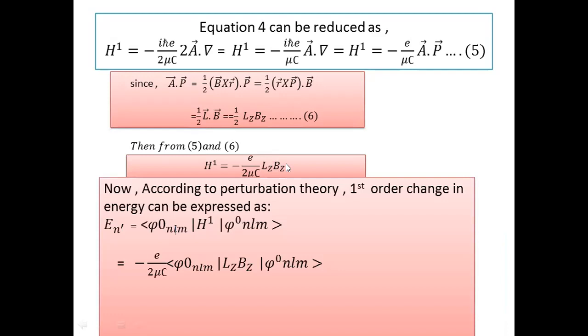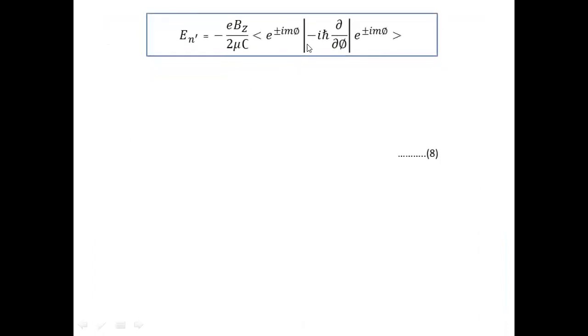Now, according to perturbation theory, the first order change in energy can be written as E_n dash equals the integral of psi 0 n l m conjugate, H1, psi 0 n l m. Substituting the value of H1 from this expression, we get this expression.